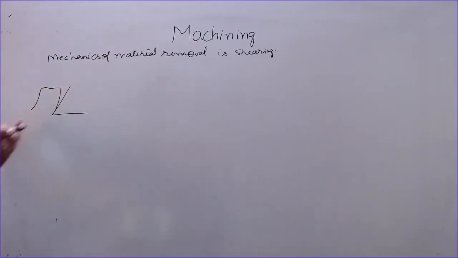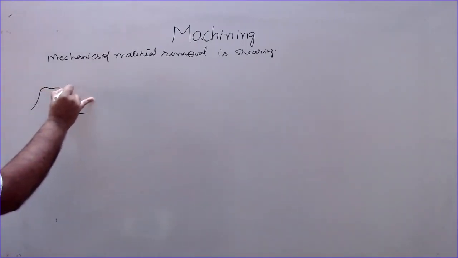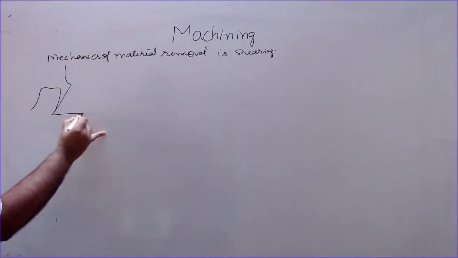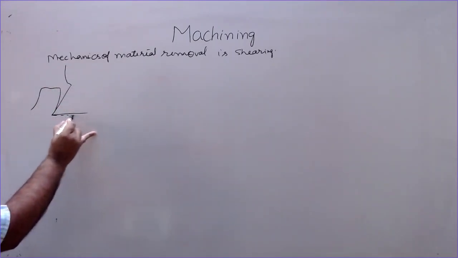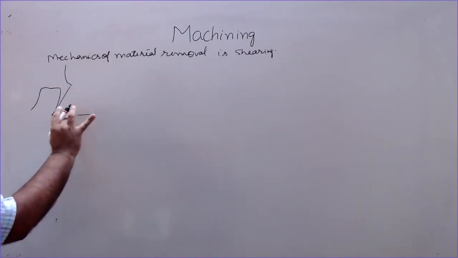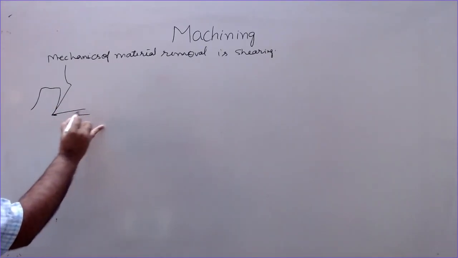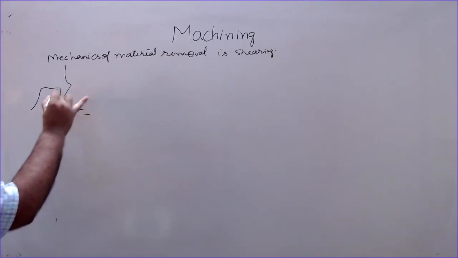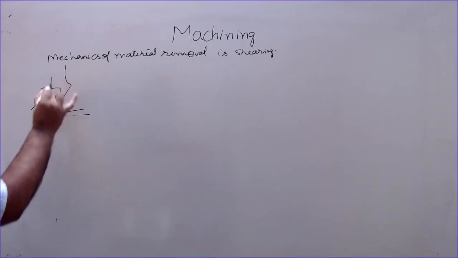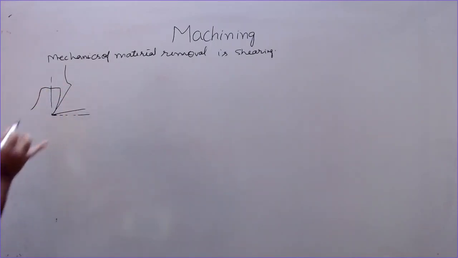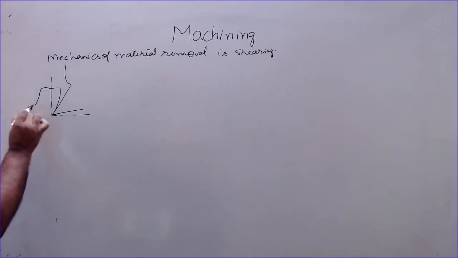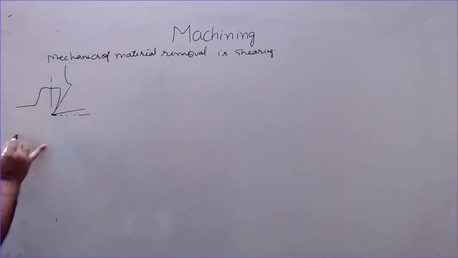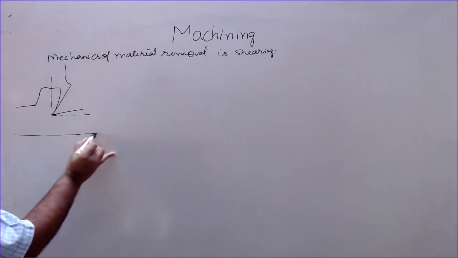This is the chip which is flowing over this rake surface. Tool is like this, and horizontal plane, we have this clearance angle of the tool. This is the vertical plane, this is the rake angle, this is the clearance angle of the tool, and we have this uncut workpiece surface.